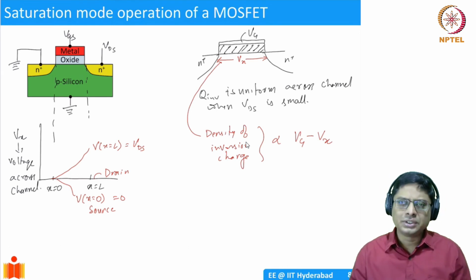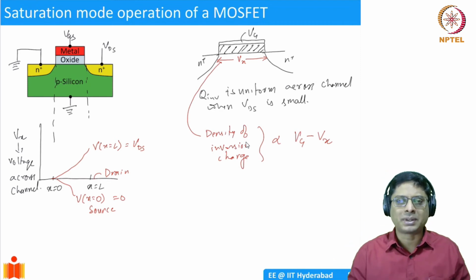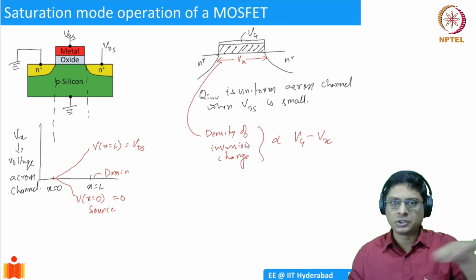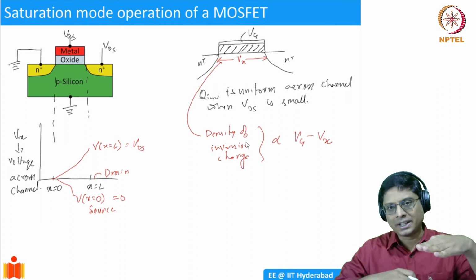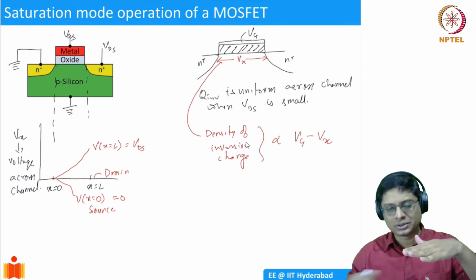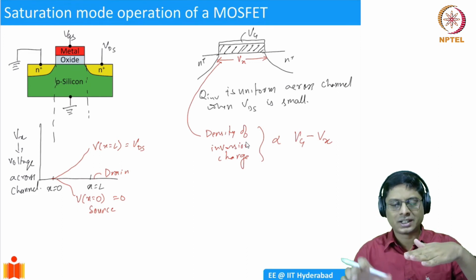Why is that? You could think of the entire oxide as tiny capacitors, each of them having a different voltage on the second plate. The top plate, the metal, has a uniform gate voltage. But the bottom plate is a semiconductor which is depleted, so there's going to be some resistance, and we are now applying a voltage across the channel.